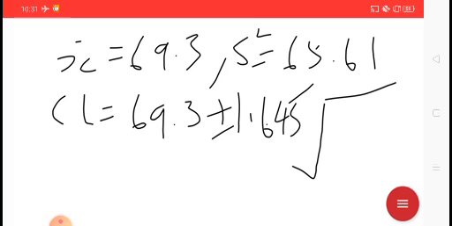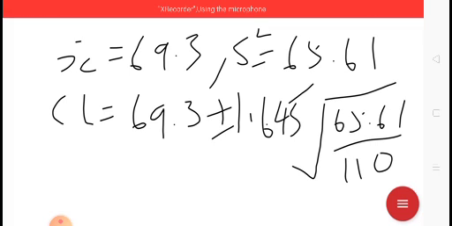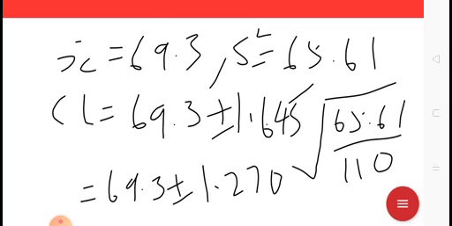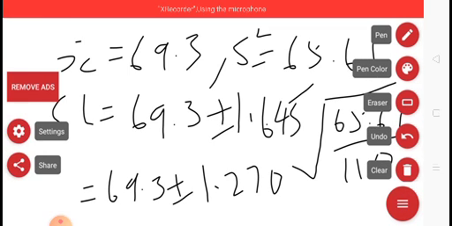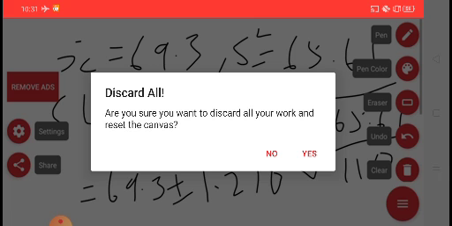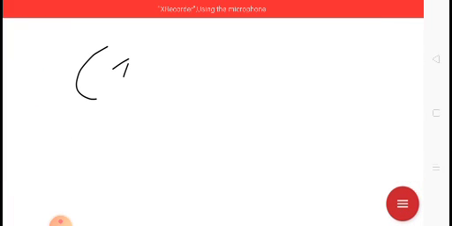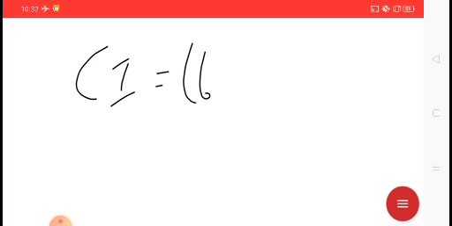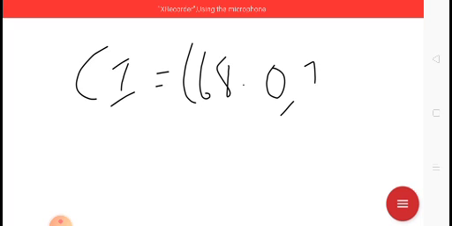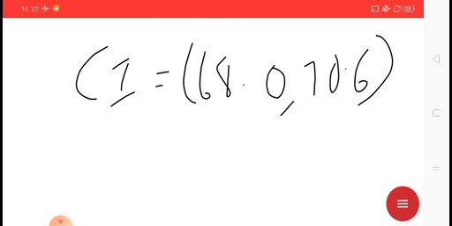You can take the exact value by directly taking the square root of the variance over n, so you get the exact value easily. You should get 69.3 plus or minus 1.270. Expanding this, the confidence interval is 68.0 to 70.6. This is the confidence interval that you get from the sample.